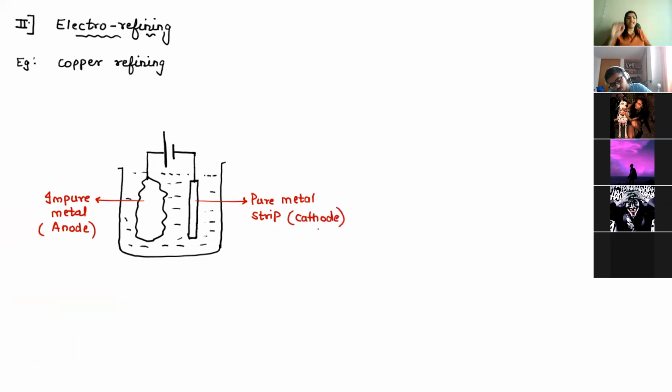The impure metal anode and the pure metal strip cathode. Positive, negative. And since it's copper refining, the electrolyte will be aqueous copper sulfate, which is blue in color.